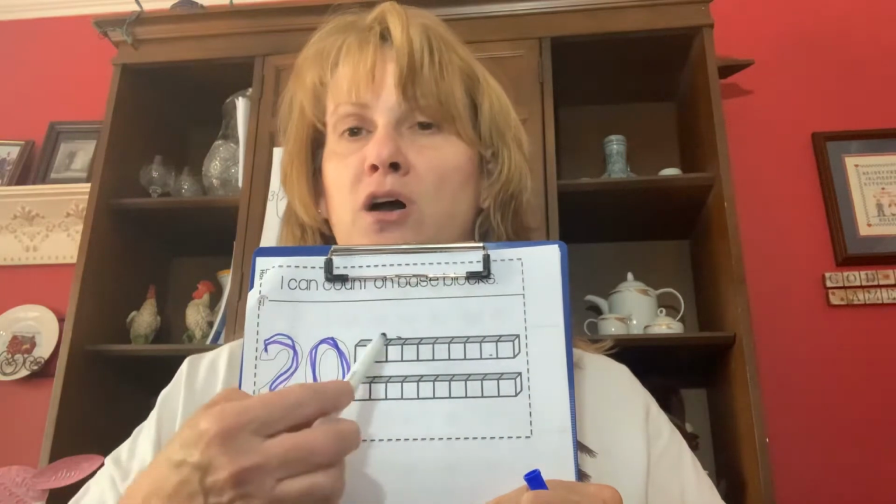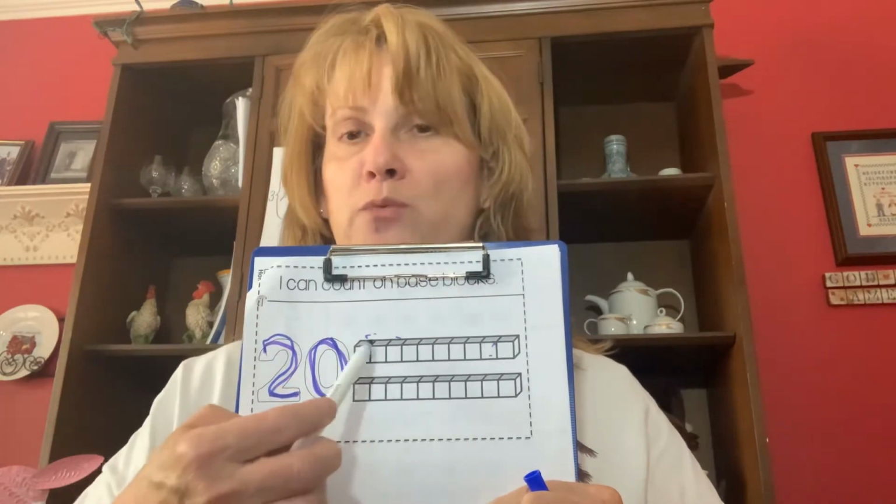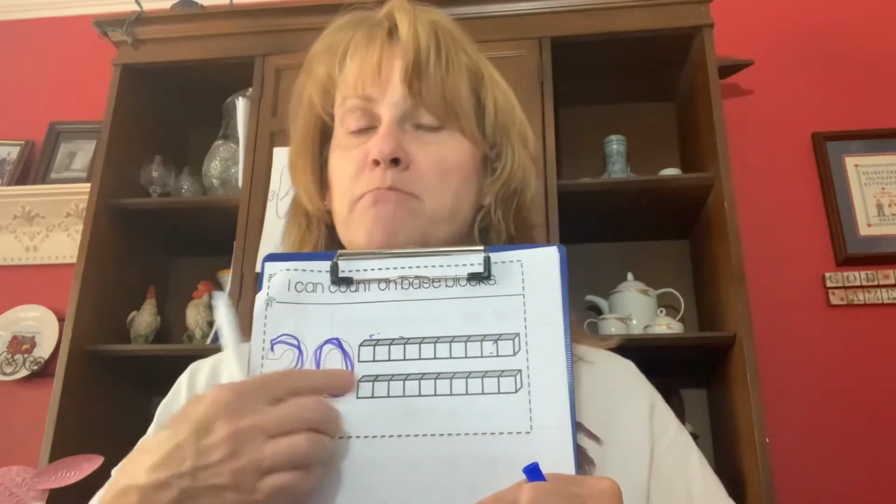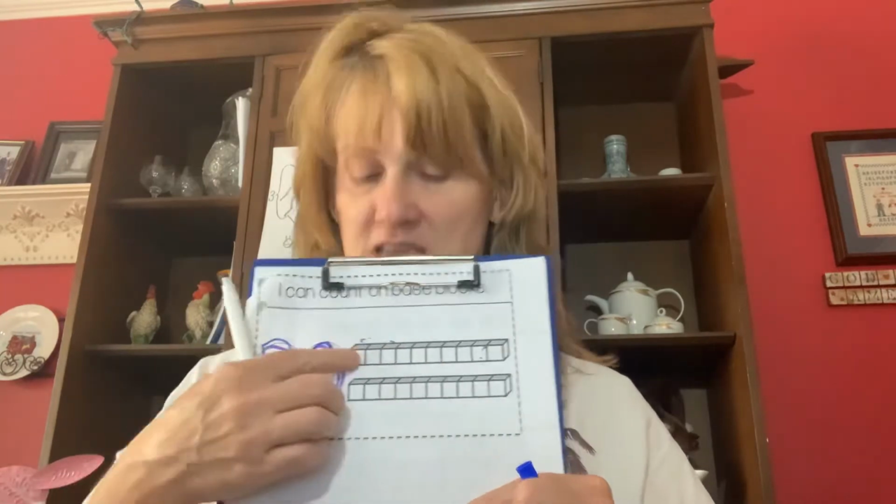Now, remember, I've been trying to get you to remember that these cubes all together are like the cubes we play with in the classroom. And when you put them all together and you see them in a math paper or setting like this, that is 10, okay? And then this would be another 10.